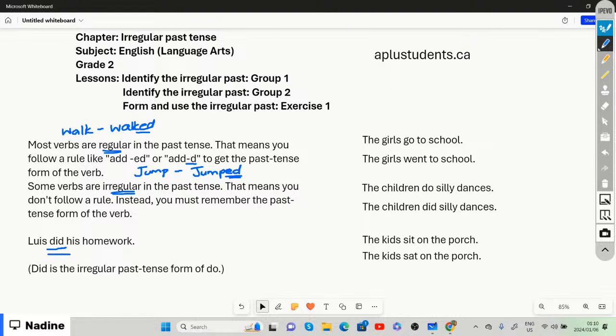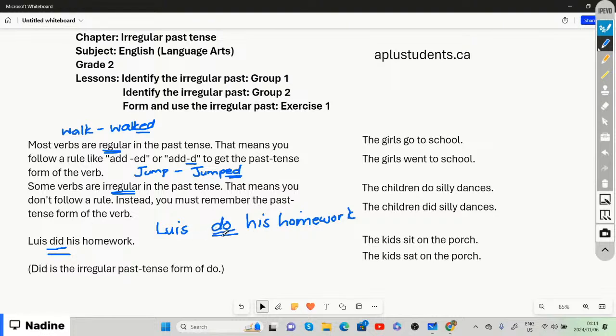But if we were to write that sentence in the present tense, we would say Louise do his homework, or basically he's doing his homework. So do is actually our present tense form of that verb.